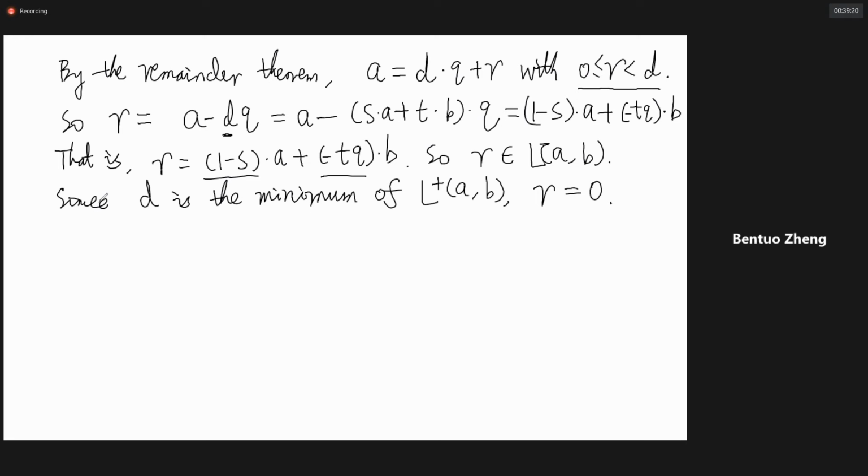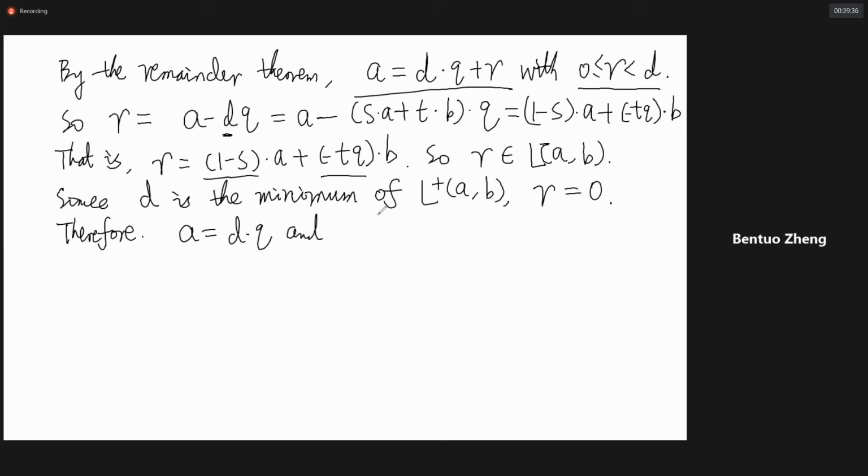Okay, so R is 0, which means, therefore, A is equal to D times Q, because here R is 0.